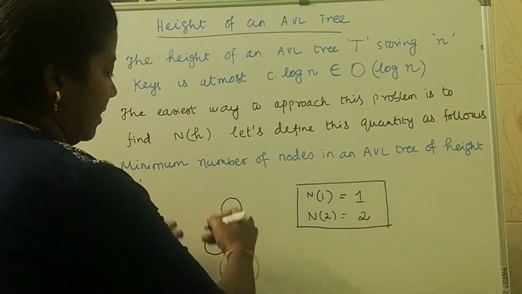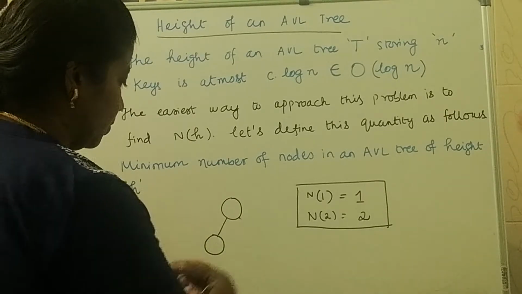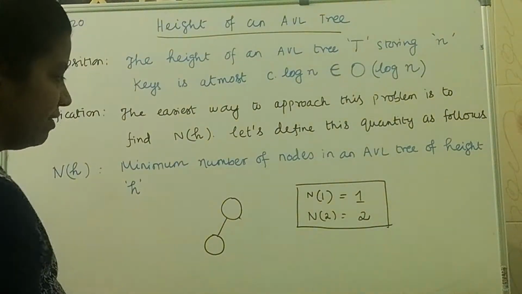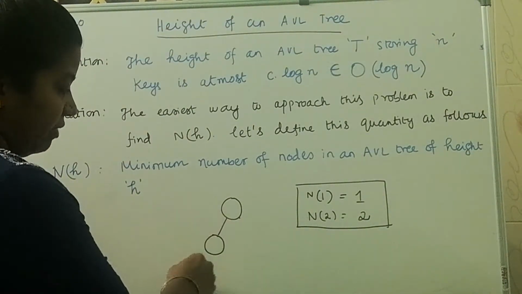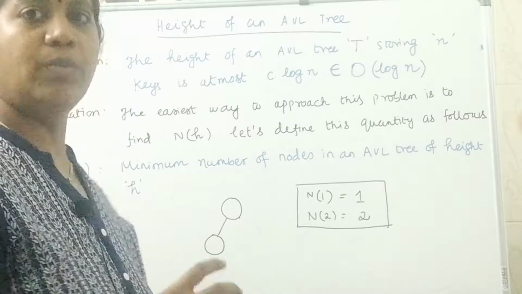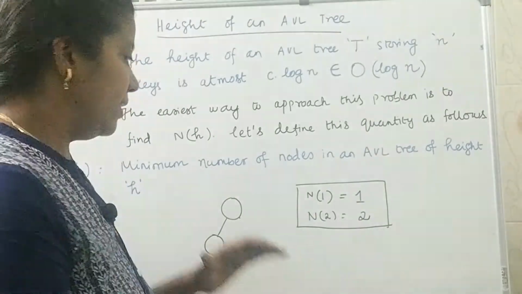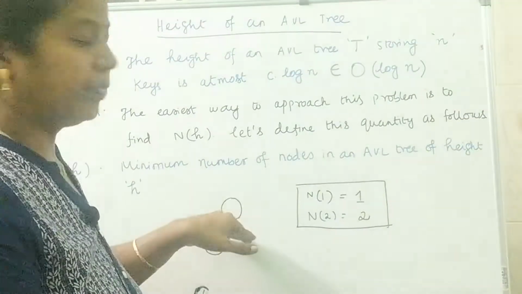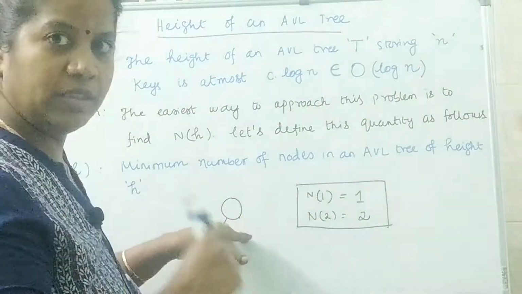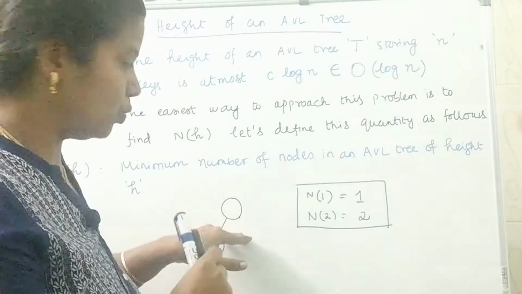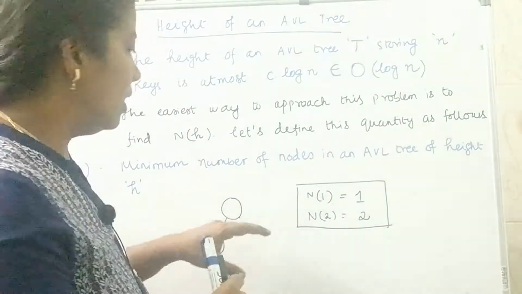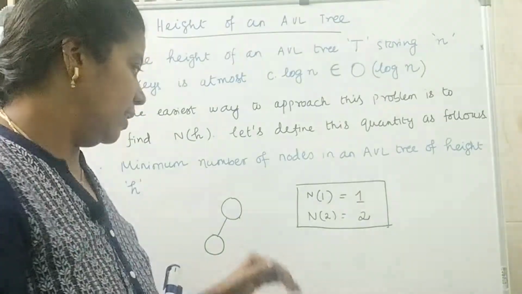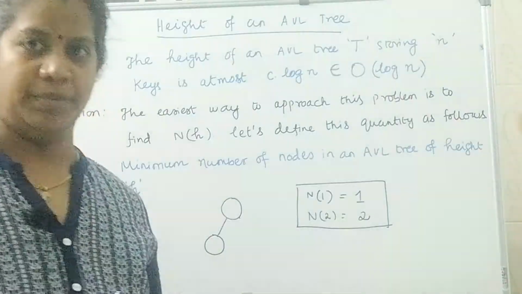What is a bad AVL tree? At every level we have the minimum number of nodes. That is the worst case AVL tree, and in the worst case situation, that AVL tree maintains its height of log n. That is the claim, and we are going to prove that by setting up a mathematical function.